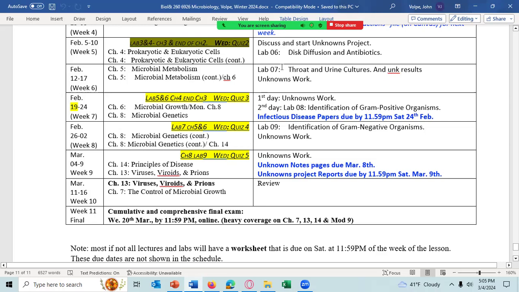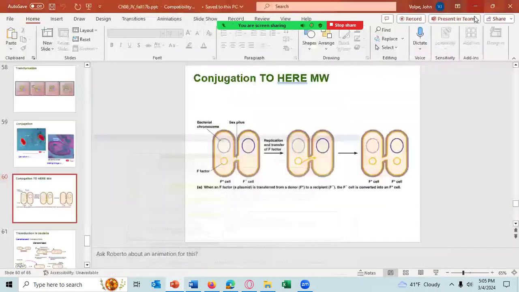All right. Let's finish chapter 8. So I talked about conjugation, where one cell is an F plus cell and it has an F sexual pilus, which actually skewers an F minus cell and then can bring the two cells closer together.